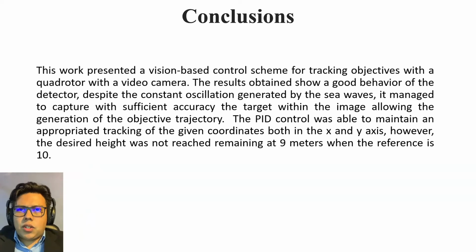It managed to capture sufficient occurrences of the target within the imaging, allowing the generation of the objective trajectory. The PID control was able to maintain appropriate tracking of the given coordinates in both the x and y axes. However, the desired height was not reached, maintaining 9 meters when the reference was 10.